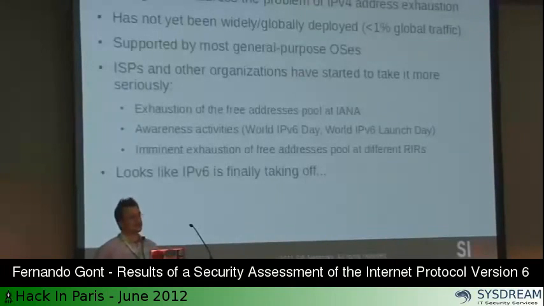They assign IPv4 and IPv6 addresses to regional registries, such as RIPE in the case of Europe, APNIC in the case of Asia Pacific, LACNIC in the case of Latin America, and so on. So last year, in February, if I recall correctly, the central pool of free IPv4 addresses at IANA got exhausted. And that event got its share of press. And that was a sign for the industry that the IPv4 address space was really exhausted.